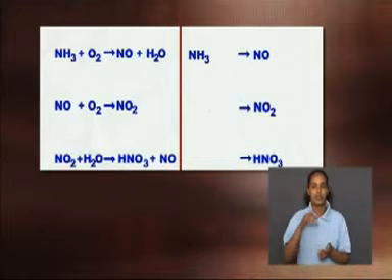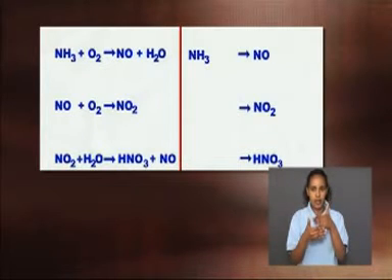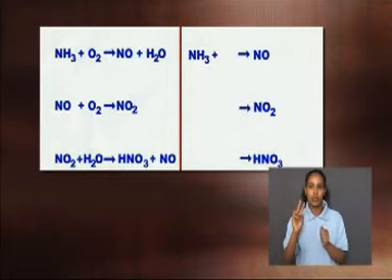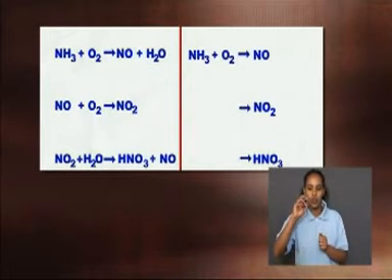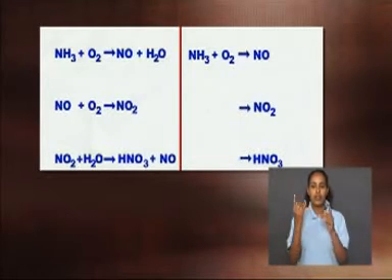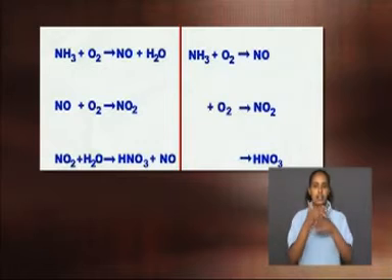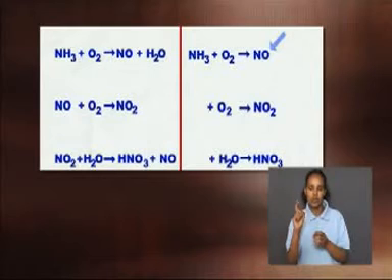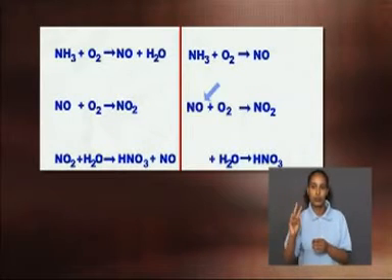To reiterate, in the first step, ammonia is burned with oxygen to form nitric oxide. Water is also formed. In the second step, air is added to cool the mixture and oxidize it to nitrogen dioxide.